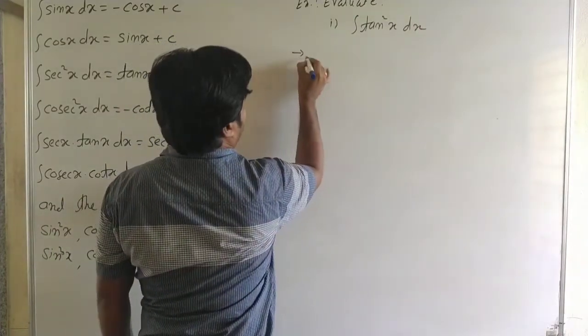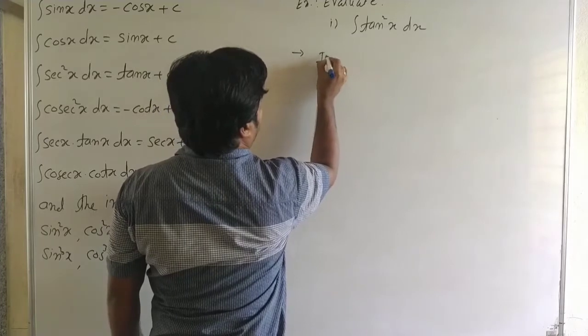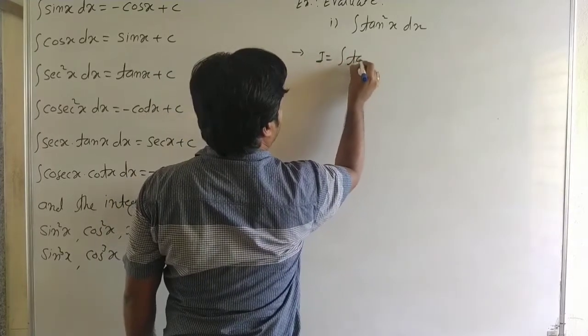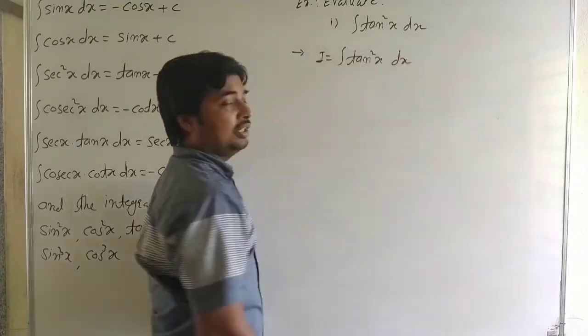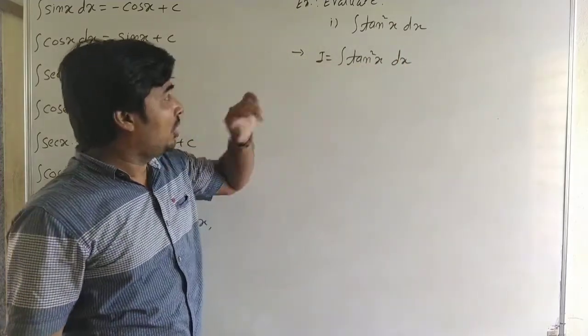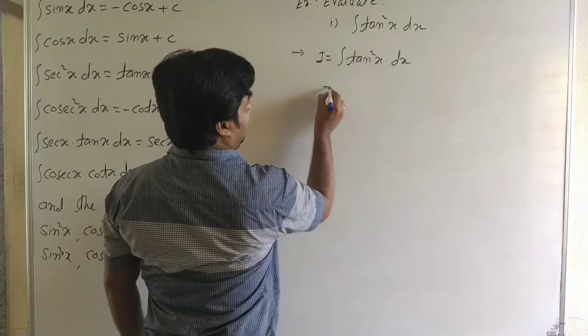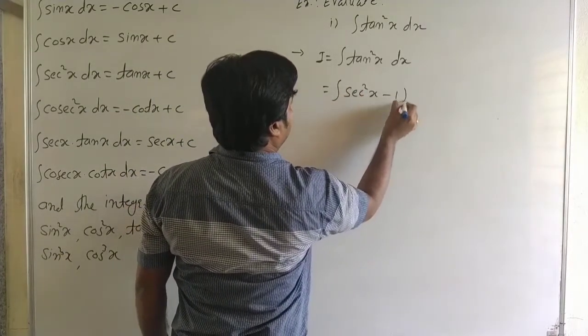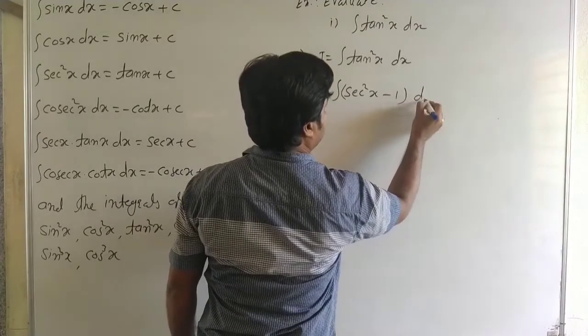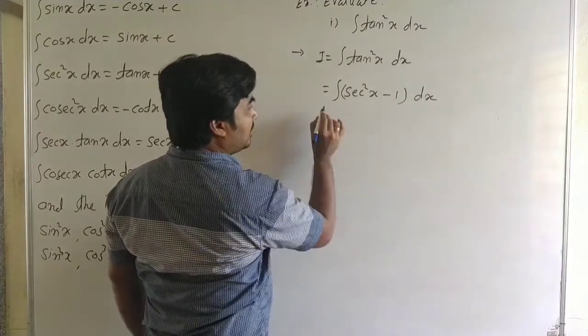Solution: there is no standard formula for the integral of tan square x, so we convert tan square x into sec square x minus 1, which is the formula for tan square x. Now we find the integrals.